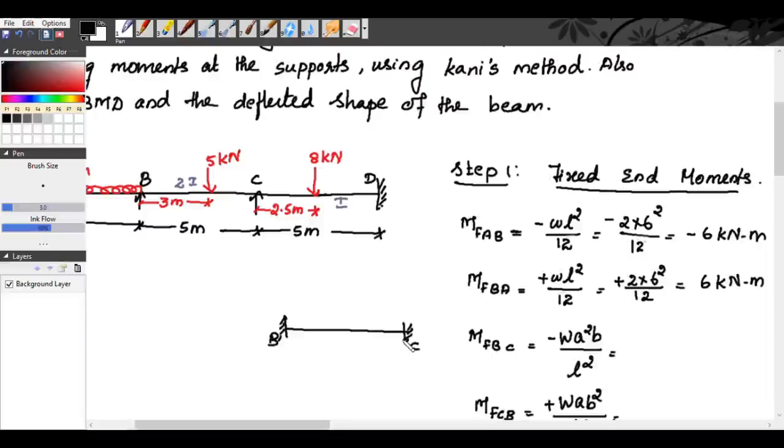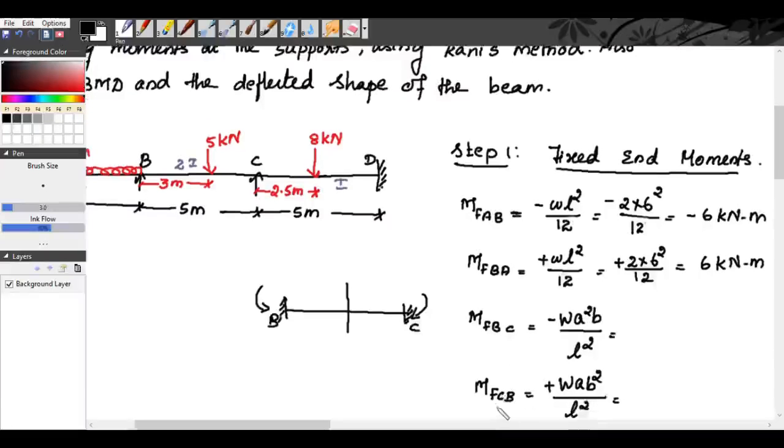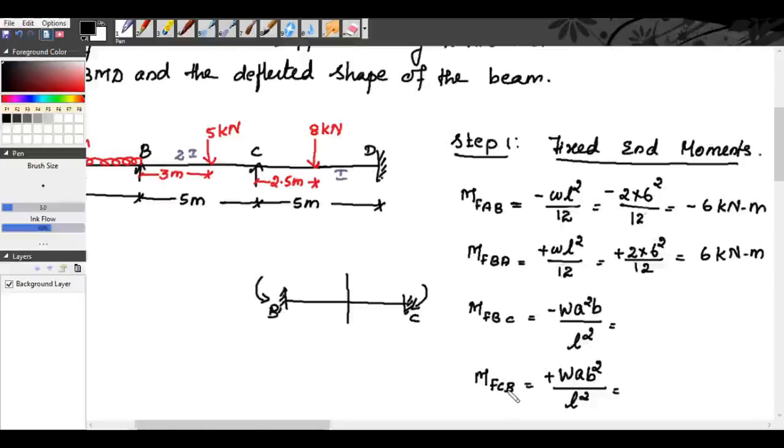If the supports are fixed, our moments at the fixed ends are hogging, that means negative. You take the section, so left will be anti-clockwise and right will be clockwise. That is why M of BC, fixed moment at B when the far end is C, is negative, and fixed moment at C when the far end is B is positive.